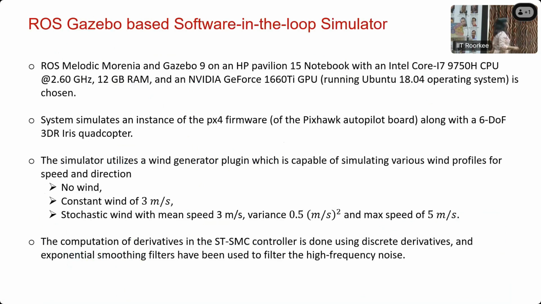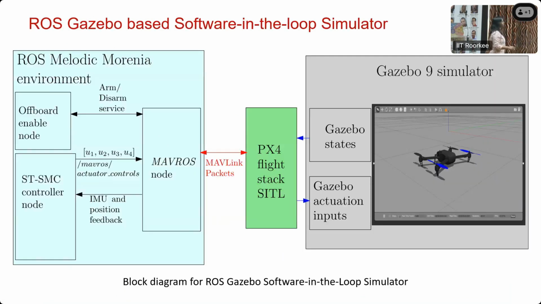So this is the structure block diagram of the ROS Gazebo software. This is the model of the quad rotor in Gazebo. Now I guess the higher version of Gazebo has come. This work we had done in 2021, and now you have the advanced platform also.